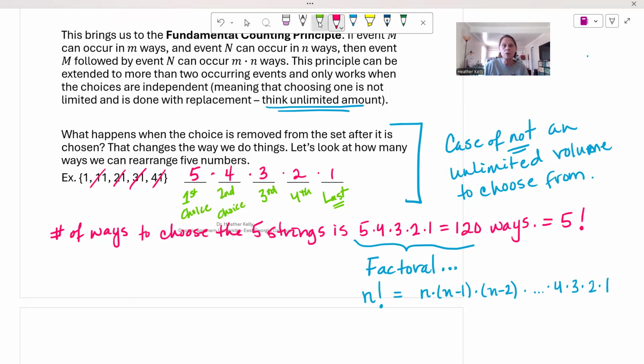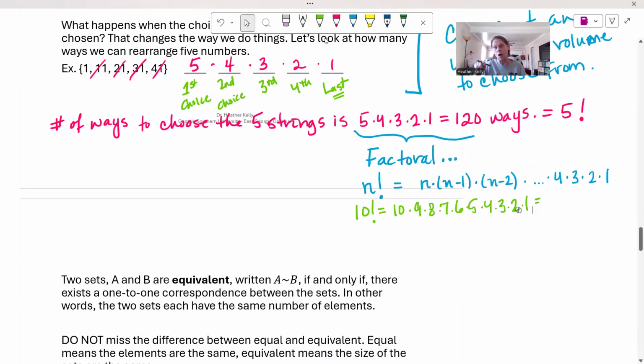These numbers grow crazy huge. They don't grow quite as fast as exponentials, but they grow insanely. If I said 10 factorial, that would be 10 times 9 times 8 times 7 times 6 times 5 times 4 times 3 times 2 times 1.